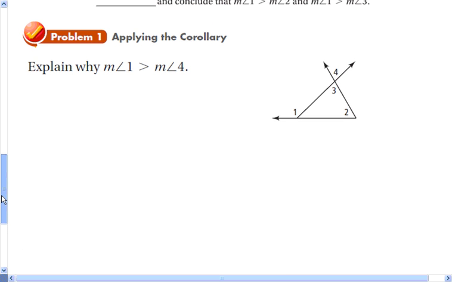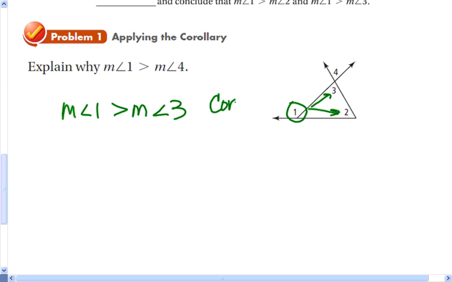All right, so we're going to learn to apply this corollary now. Why is the measure of angle 1 greater than the measure of angle 4? Well, we know that the measure of angle 1 is greater than the measure of angle 3. That's because angle 1 is an exterior angle and has to be greater than either of the two interior angles, and that's by the corollary to the exterior angle theorem.